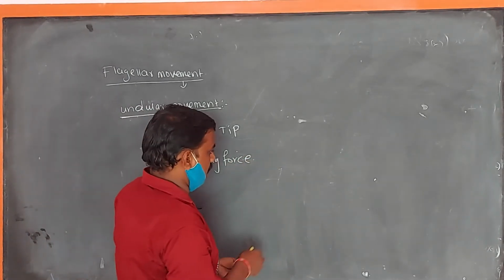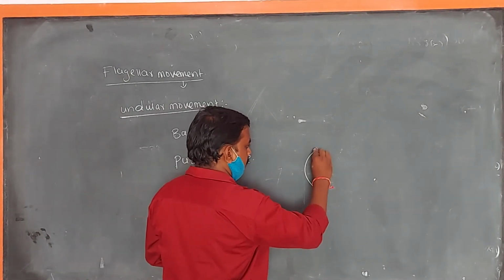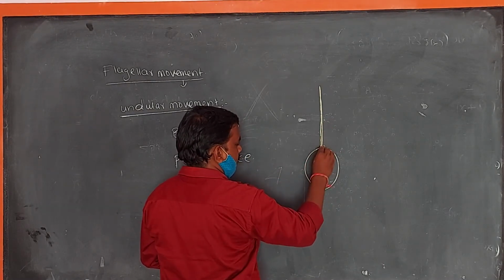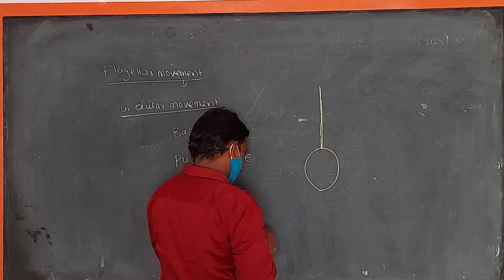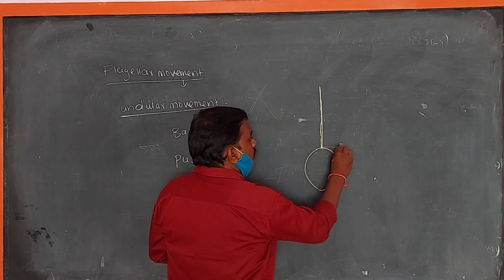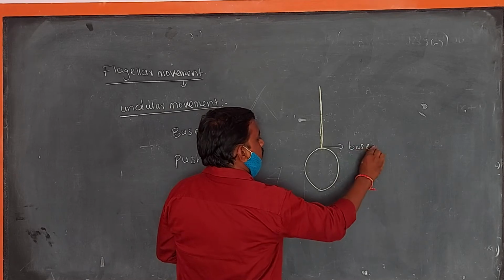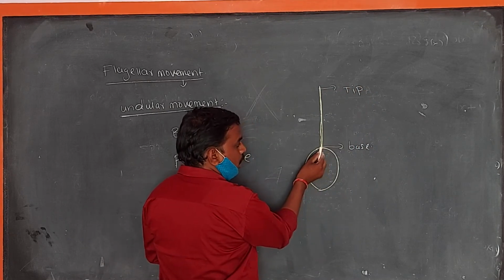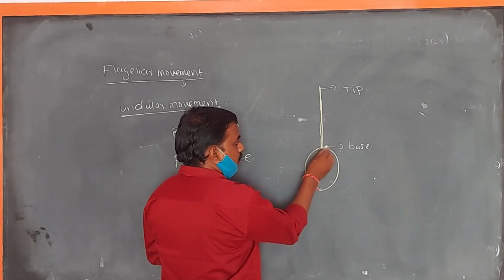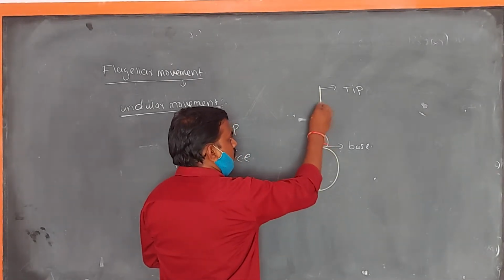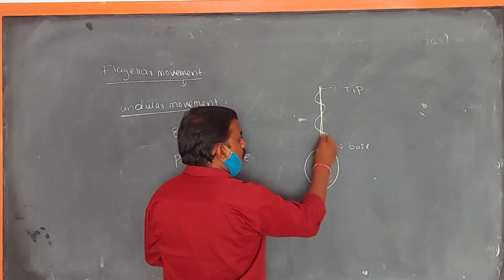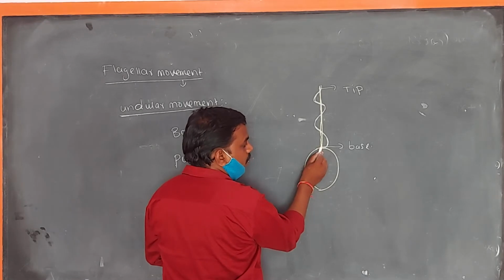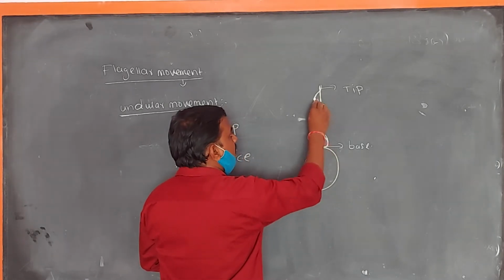So this is the organism axis, the base, and it is also called the tip. The angular movements are present from the base to the tip.